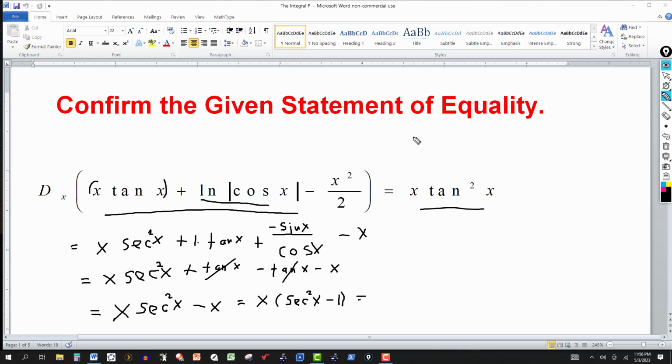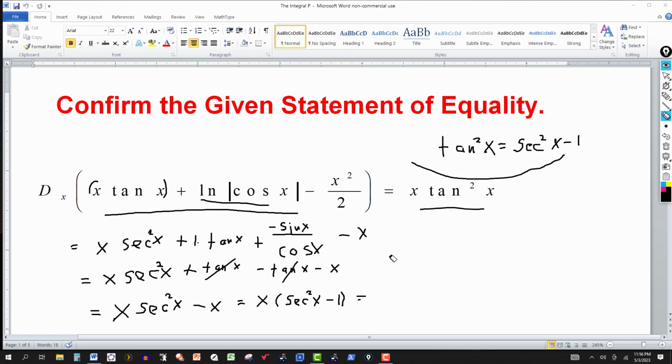We know from basic trig identities that 1 plus tangent squared of x gives us secant squared of x. So if we take this 1 over to this side, we get minus 1.